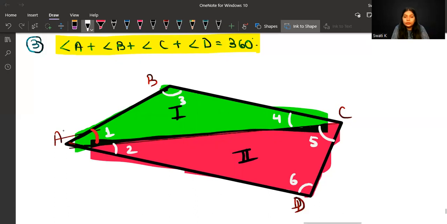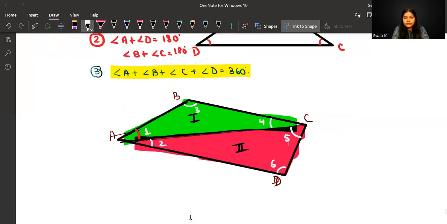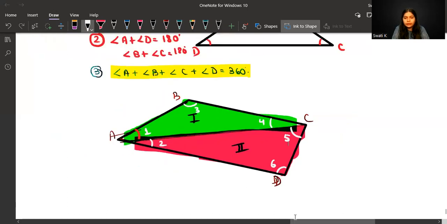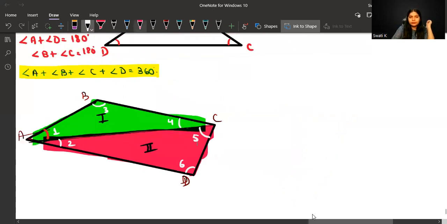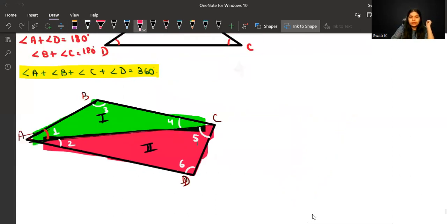Now, what I'm going to do is, I'm going to take one triangle first. Let us talk about the green one, that is, triangle ABC.